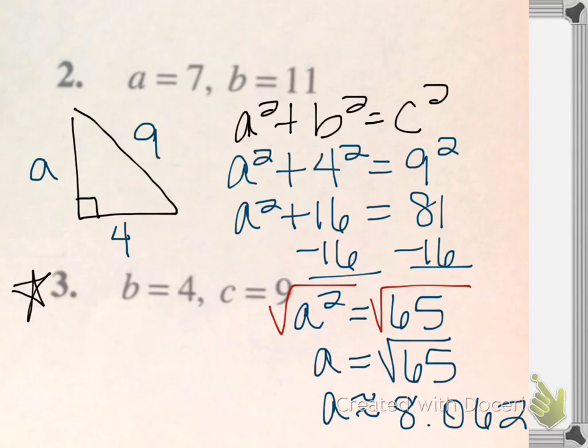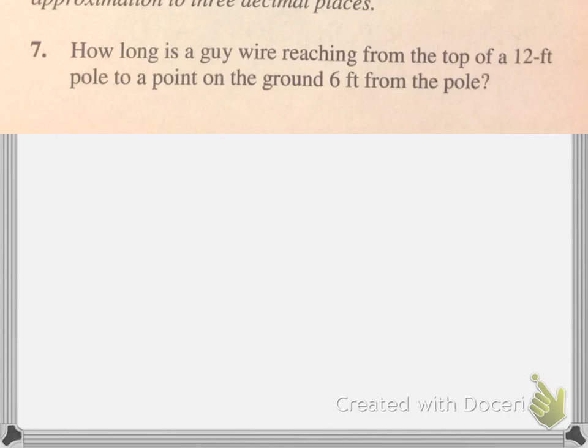Now let's look at this problem. I always find it helpful to draw a picture. We have: how long is a guy wire reaching from the top of a 12-foot pole to a point on the ground 6 feet from the pole?